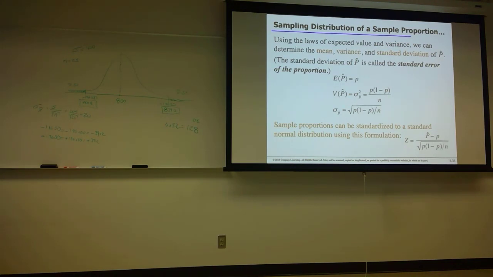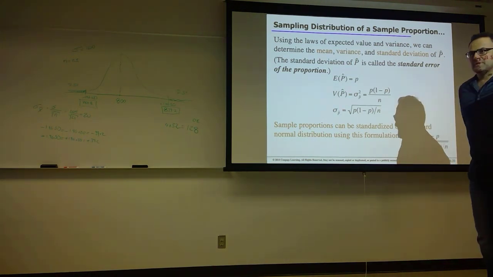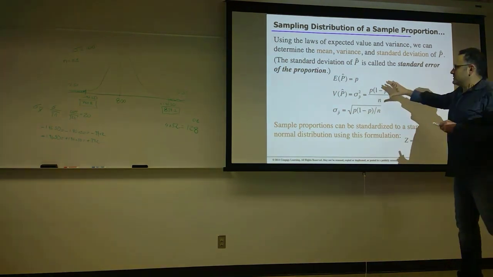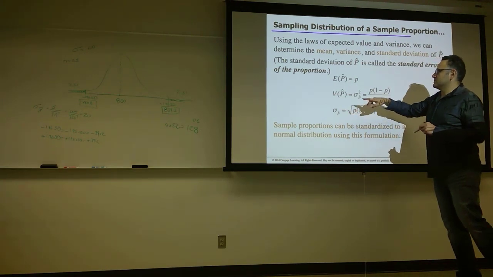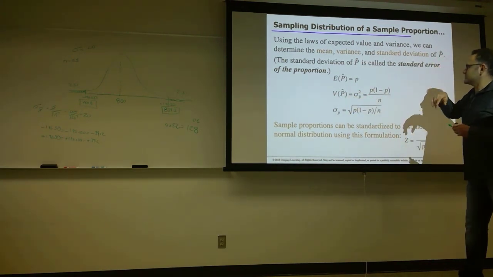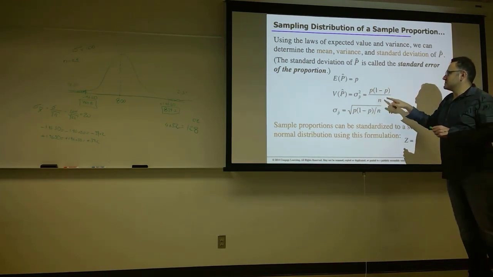Okay, so how can we now apply all that to the sampling distribution of the sample proportion? Again, we are now dealing with the sampling distribution. All we need to know are these formulas. The variance of the sampling distribution of the sample proportion would be p times 1 minus p divided by n.